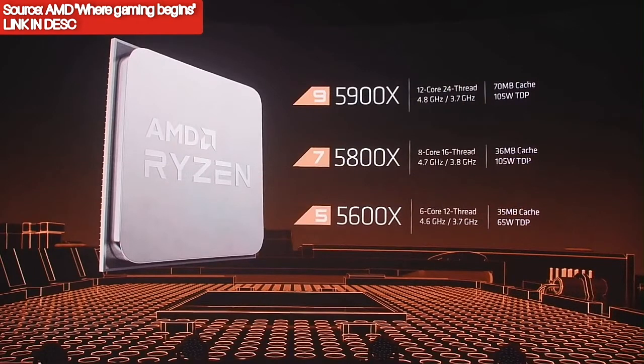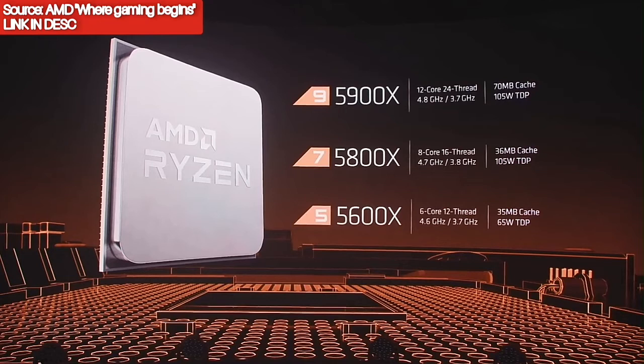Now we are going to talk about the other two processors that have been revealed, the AMD Ryzen 7 5800X and the AMD Ryzen 5 5600X. First, the 5800X is an 8-core 16-thread CPU with 36 megabytes of cache, a 4.7 GHz boost clock and a 105 watt TDP.